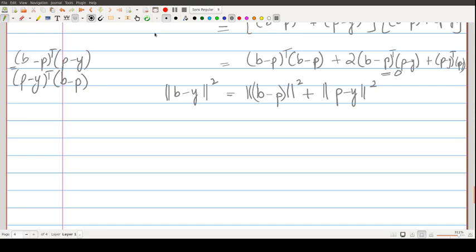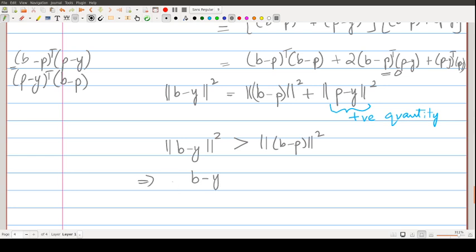Now think about this term over here. This is a positive quantity because it's just the sum of squares of some numbers, right? Which means it guarantees that the norm of b minus y squared is going to be bigger than the norm of b minus p squared, which guarantees that if the squares are bigger, b minus y is going to be bigger than b minus p, right?